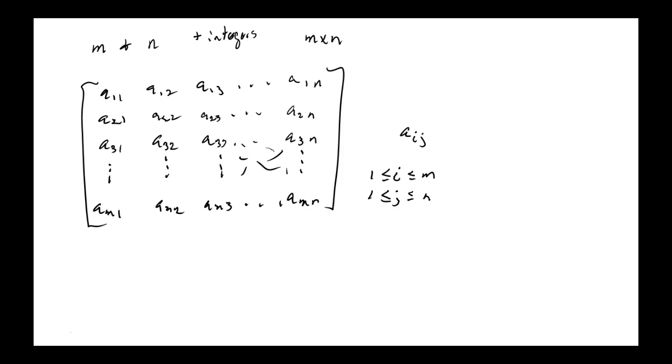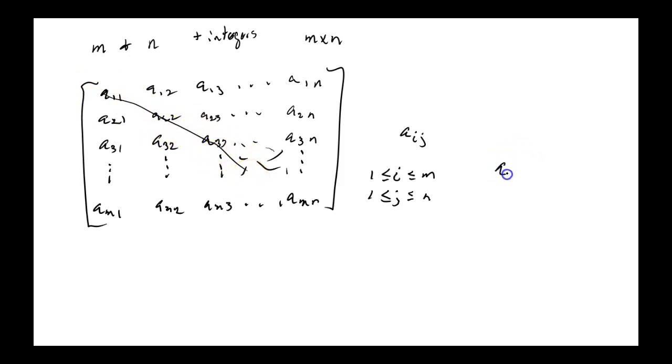Now, for a matrix with M rows, if M is equal to N, the matrix is said to be a square matrix of order N. If you have a square matrix, you can talk about those entries that go down like this: A sub 1,1, A sub 2,2, A sub 3,3, A sub 4,4.